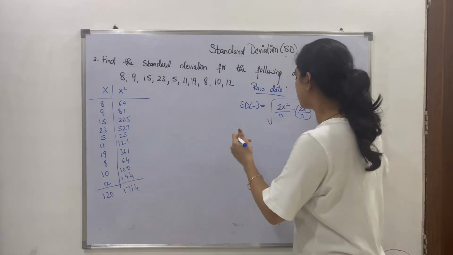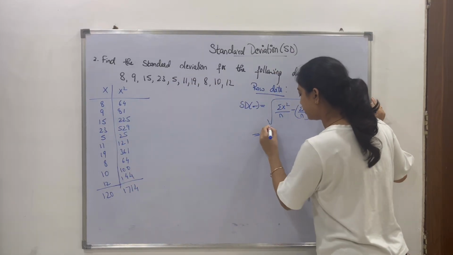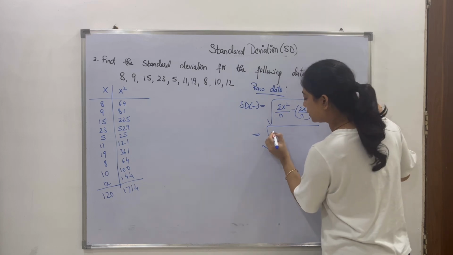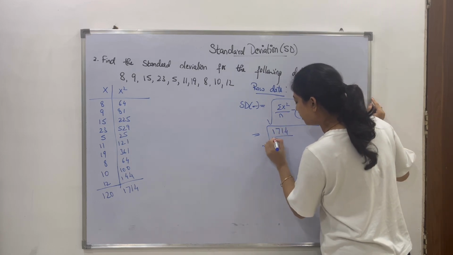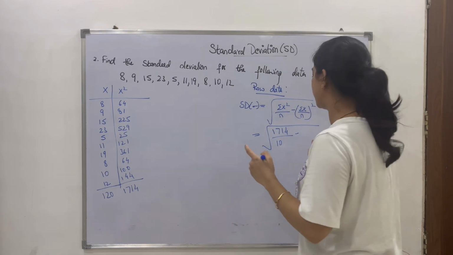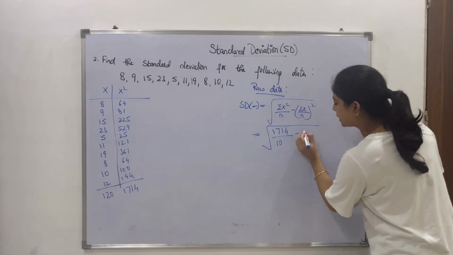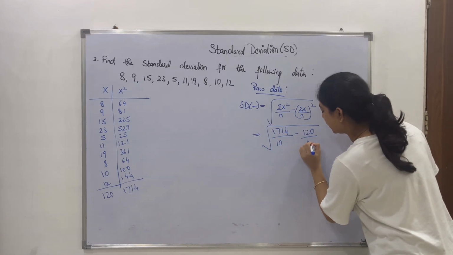Now let's substitute this in the formula. Summation of x square is 1714 by 10 observations minus summation of x is 120 upon 10 the whole square.